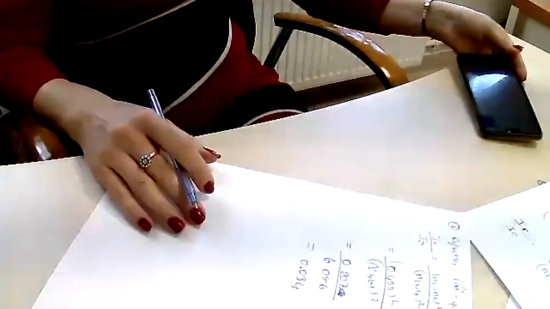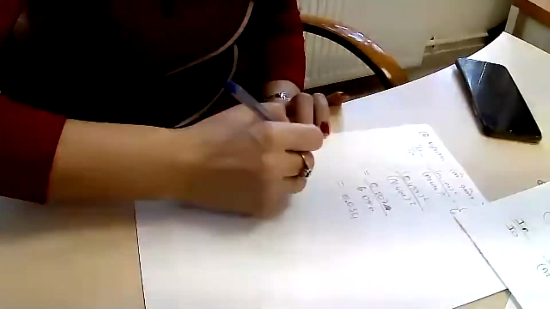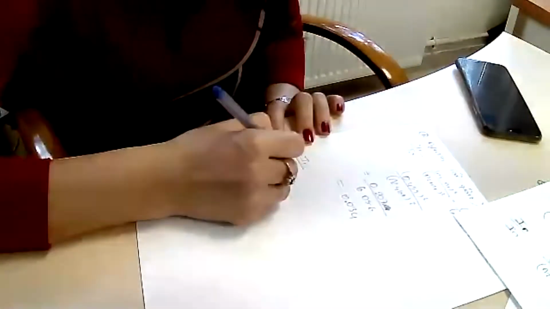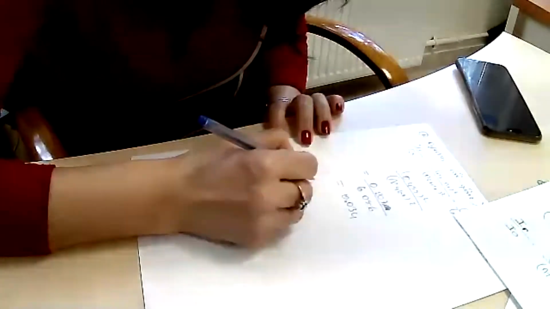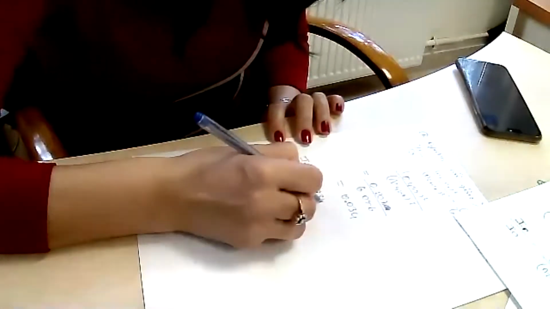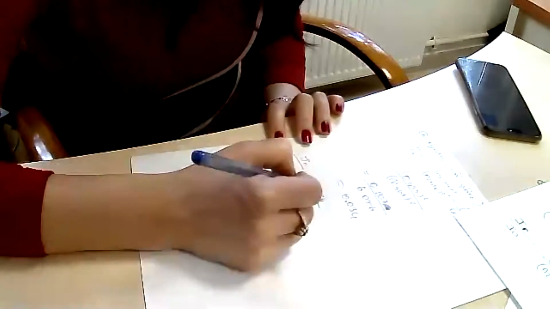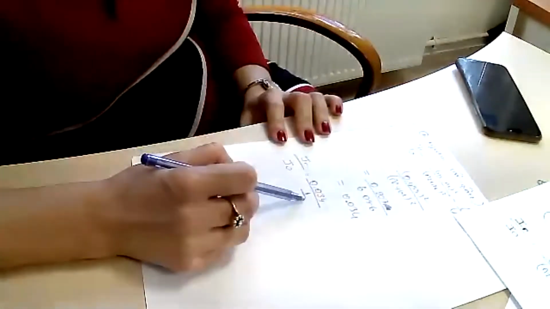Okay, so let me write that here. IR divided by I0 is 0.034 divided by 1.